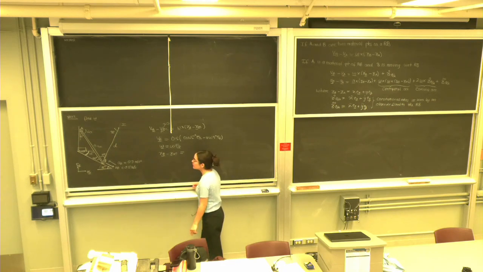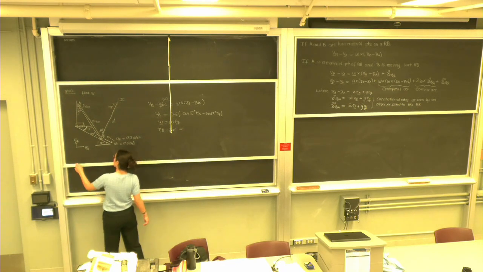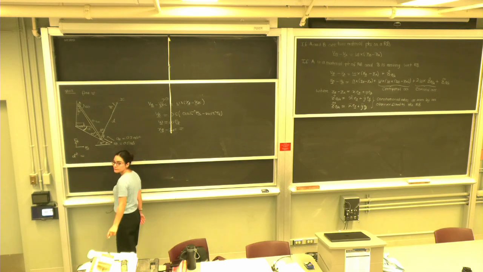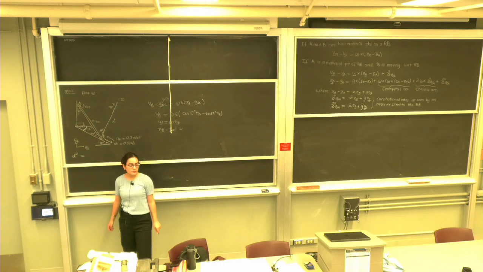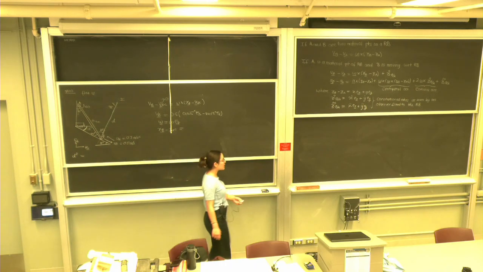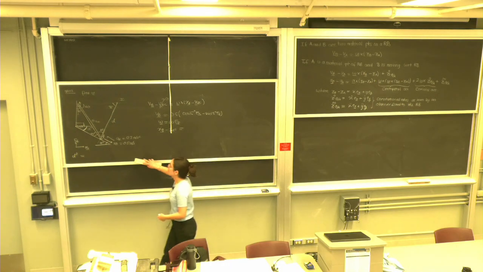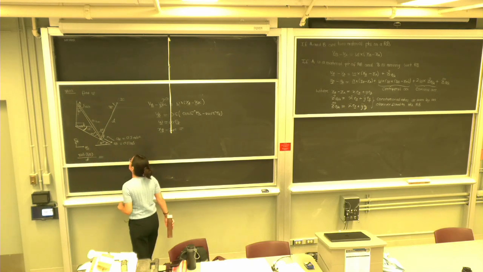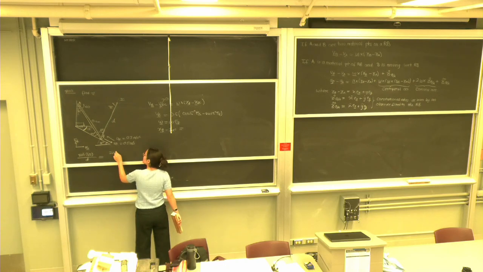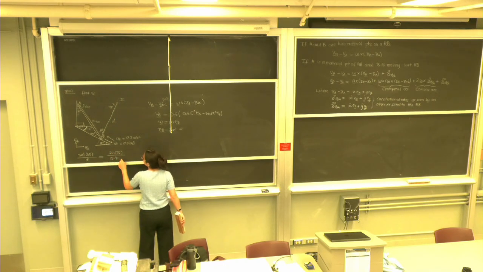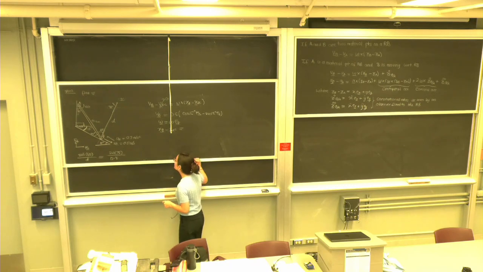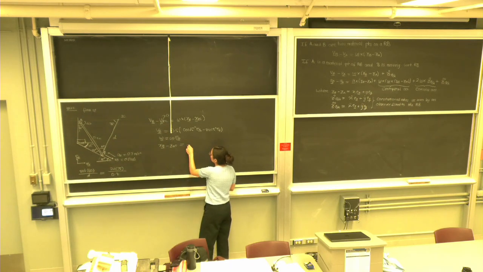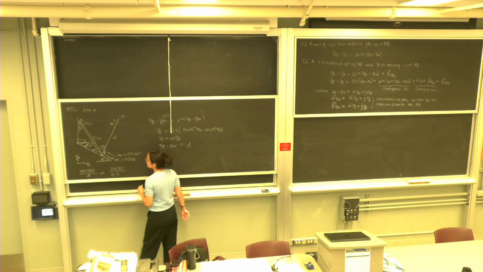If I use the cosine law, D squared is equal to what? Well, no, I cannot use the cosine law. I do not know the other lengths. I can use the sine law. Sine 60 over D is equal to sine 75 over 0.4. Okay. So then now XB minus XIC has length D and has direction.